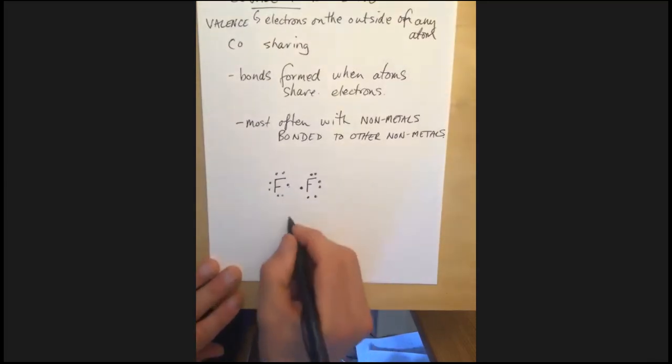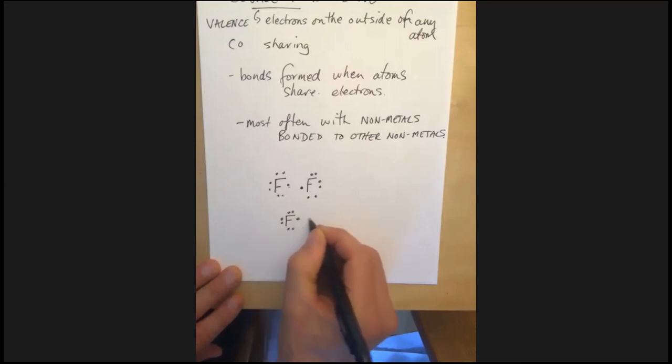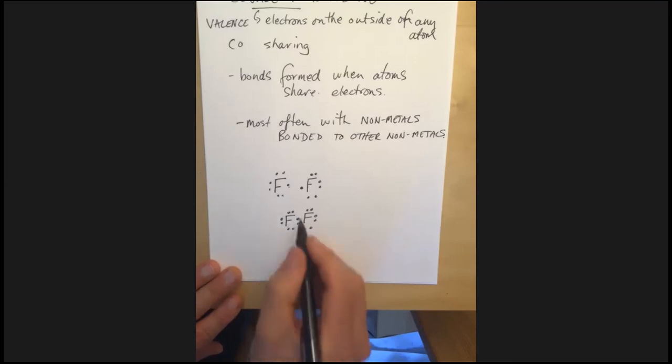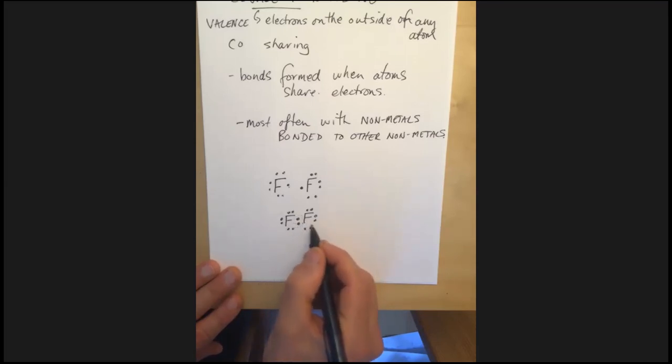So I'm just going to bring them a little bit closer together. I'm going to write them all over again. 1, 2, 3, 4, 5, 6, 7. 1, 2, 3, 4, 5, 6, 7. And so these 2 electrons here are shared between the fluorines.